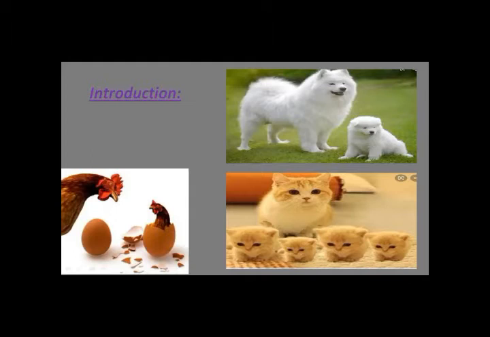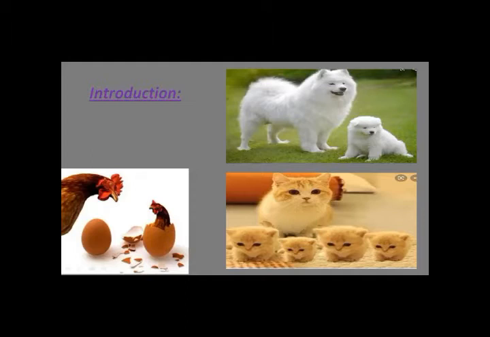Then this chick grows and becomes a hen. And the hen again lays eggs. So this is called a life cycle. A cycle is something that happens over and over again.